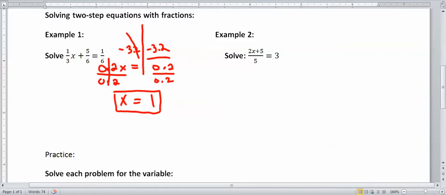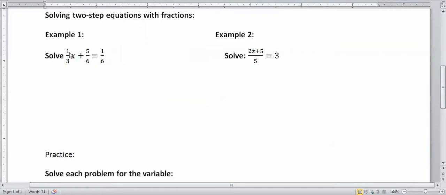All right. For my next example, I have 1/3 x plus, and I need to change this because it should not be 5/6. I'm going to change that to what it should be, 2/3. So this is what you should have: 1/3 x plus 2/3 equals 1/6.